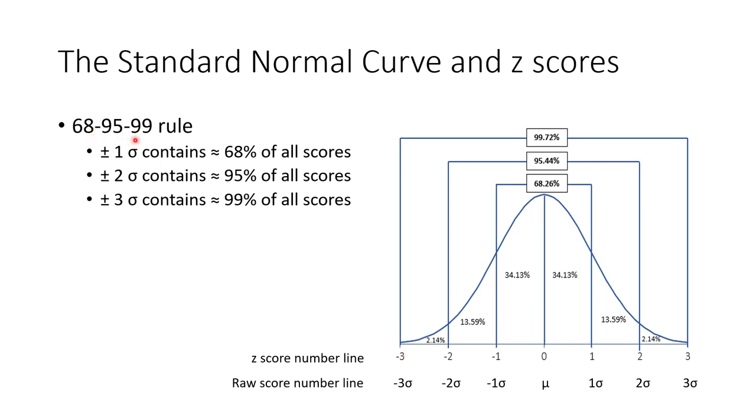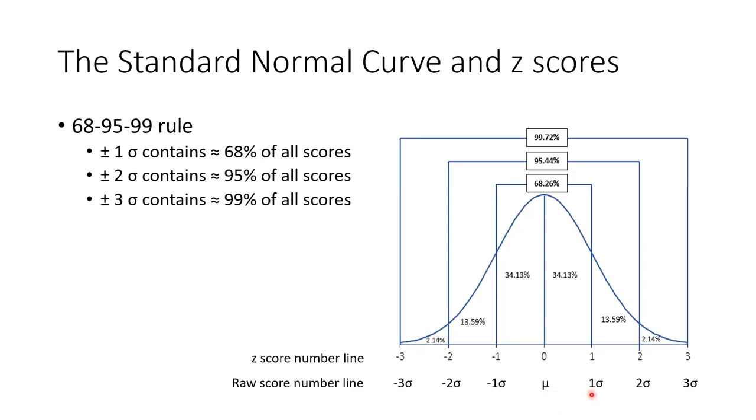If you look at the 68, 95, 99 rule that characterizes the standard normal curve, you'll see that 68% of all of the scores in the population fall between one standard deviation below the mean and one standard deviation above the mean.